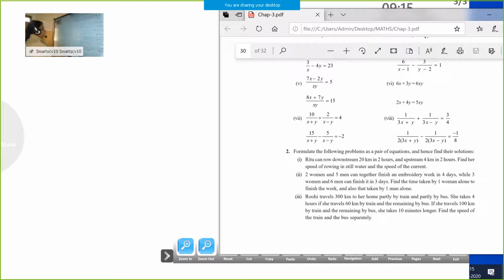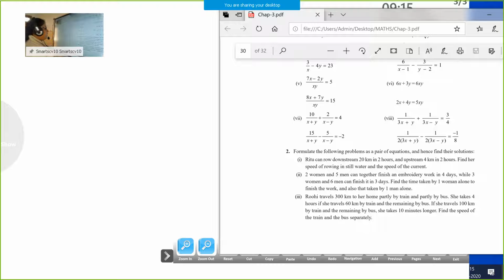The next word problem. Formulate the following problem as a pair of equations and hence find their solution. Read the first question. Ritu can row downstream 20 km in 2 hours and upstream 4 km in 2 hours.